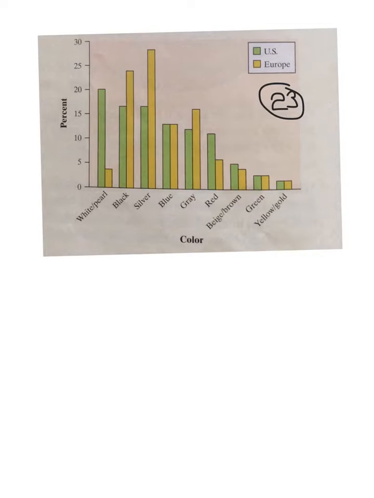Now, here's the other thing, is we get confused with the word distribution. It just is, how are these percentages distributed? So the percentages are smaller for these, right? That's how they're distributed.